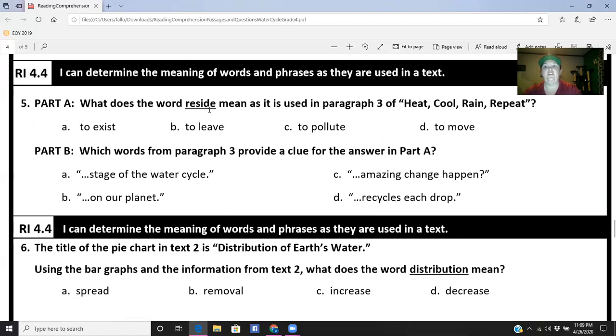And hopefully it'll give us some context clues to help us figure that out. Part B says which words from paragraph 3 provide a clue for the answer. So again, I just mentioned talking about context clues. They're telling us there are context clues in paragraph 3 that help us figure out what that word means, but they want us to figure out what those context clues are.